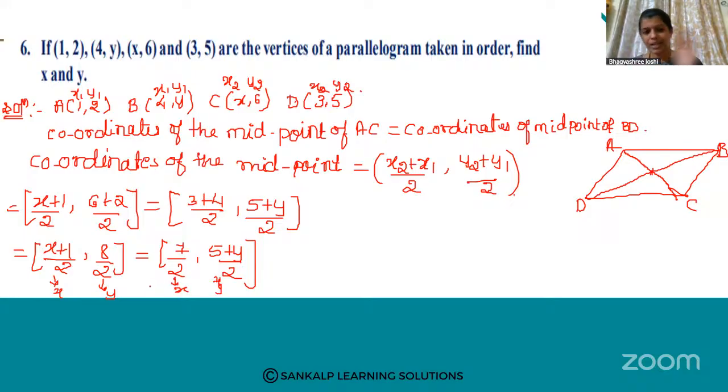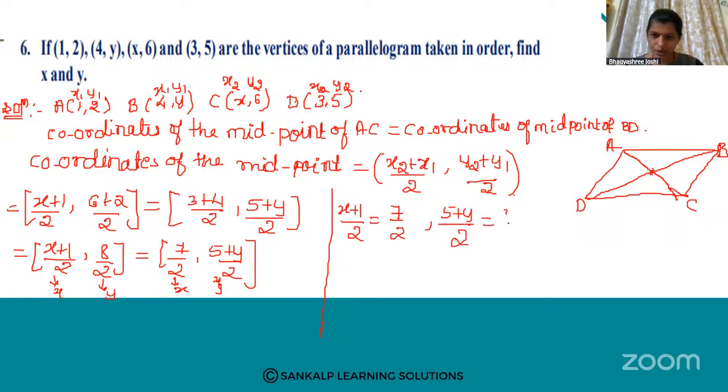Now we'll equate x with x, y with y. x plus 1 divided by 2 is equal to 7 by 2. Like that, 5 plus y divided by 2 is equal to 8 by 2.